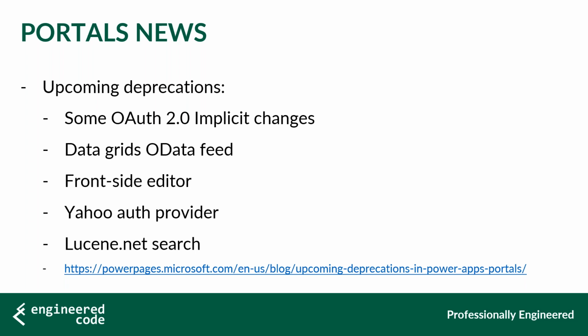So with regard to the OAuth 2.0 implicit grant flow, which is essentially the token service that we use when we're building companion apps, there are some changes there. It's not like the whole implicit grant flow is deprecated, but they're limiting the scope of some of the things. I think they're removing some of the endpoints, and I think they're enforcing some of the certificate stuff.